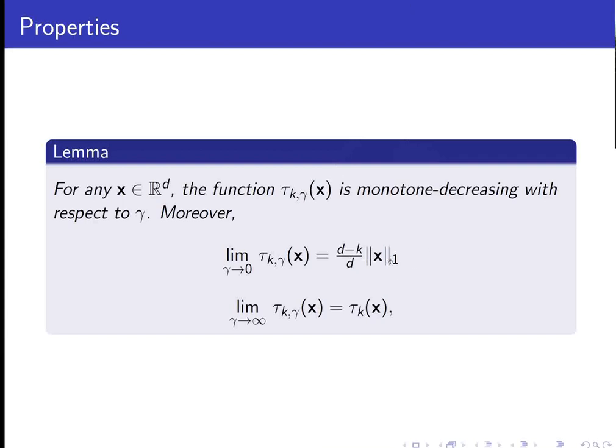So this parameter gamma allows you to tune between a convex problem with the L1 penalty and the Trim Lasso penalty, which is the one that we would like to solve.